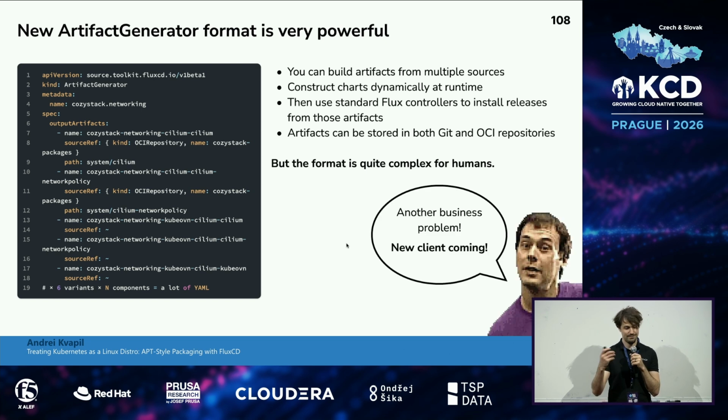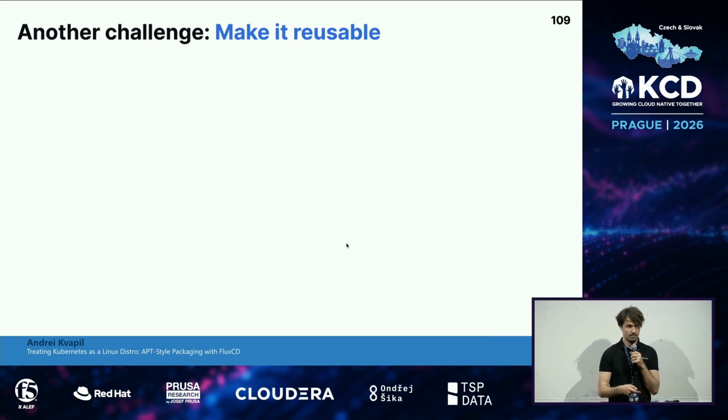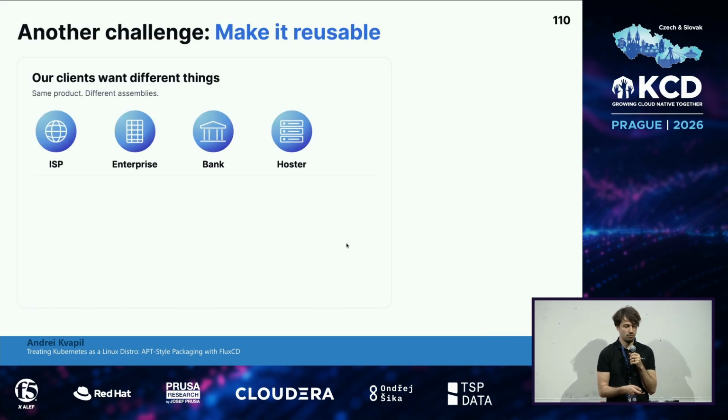And we also got another business problem. At the time we were solving this problem, we got another client who wanted a completely different platform stack, but still to reuse some components. And that's the thing: how to make things reusable. For now we have a few different types of clients: ISPs, enterprises, banks, and hosting companies.